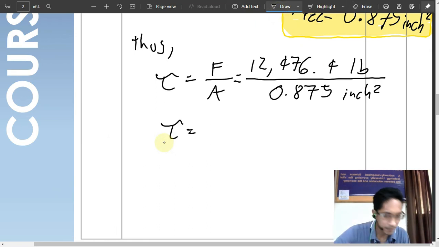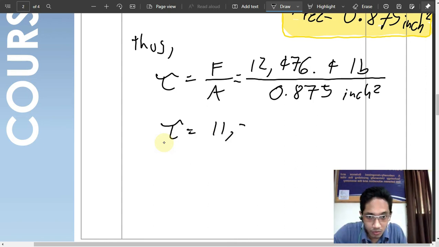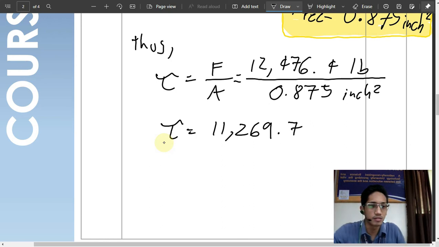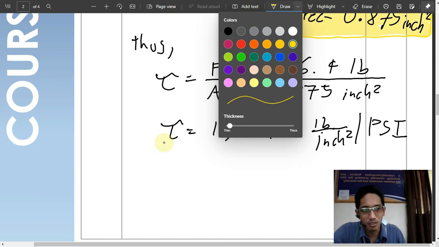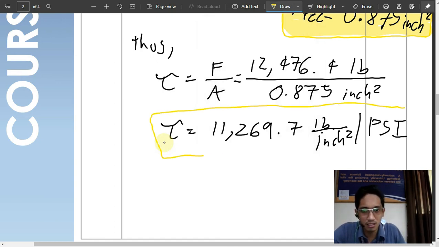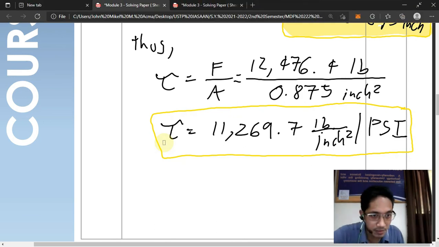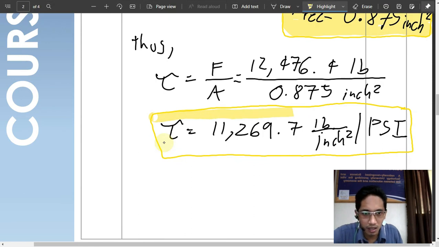The answer is 11,269.7, and the unit, class, is pound over square inch, most commonly known as PSI, or pounds per square inch. This is the unit you see on tire pressure gauges. PSI is pressure, so this is pressure in English units.